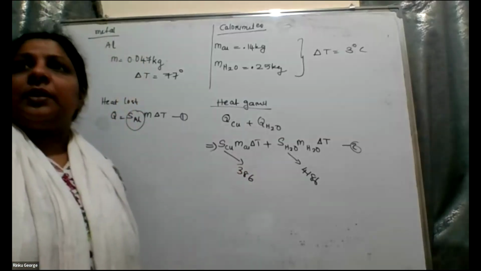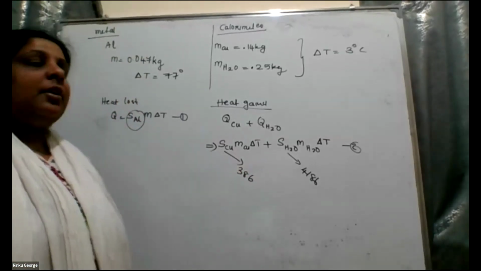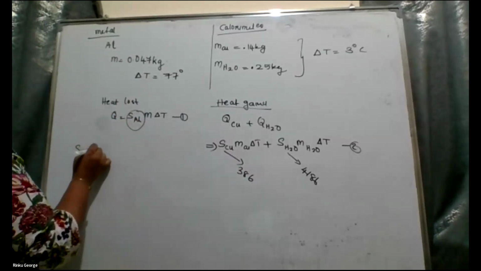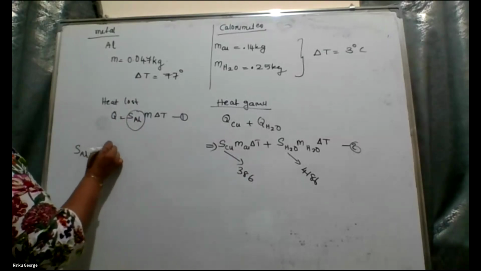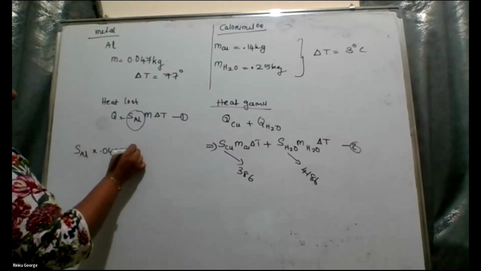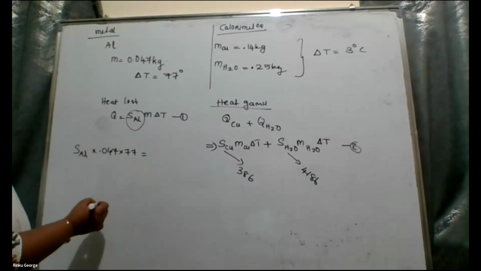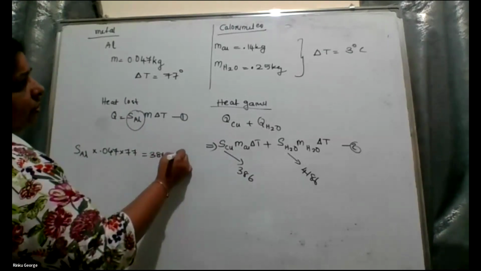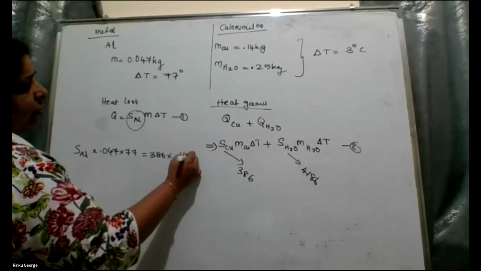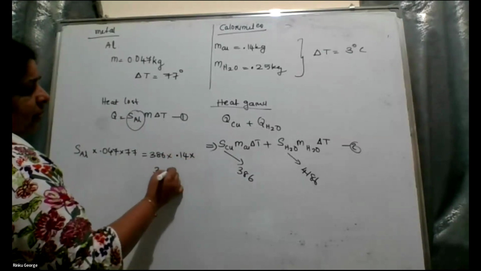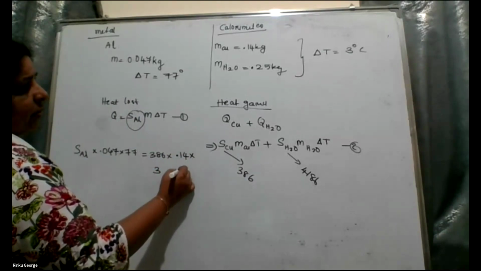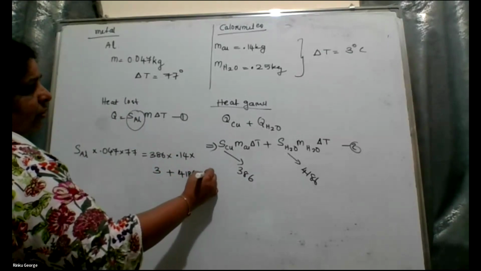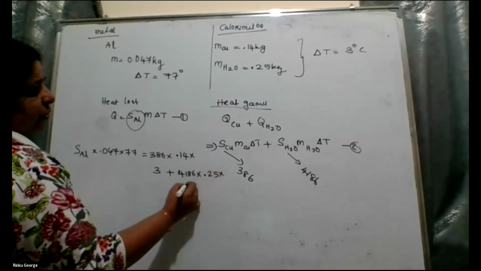Okay, when you equate these two, you will get, understood? Clear? Specific heat of aluminium into mass, 0.047 into 77, is equal to 386 into 0.14 into 3, plus water, 4186 into 0.25 into 3.